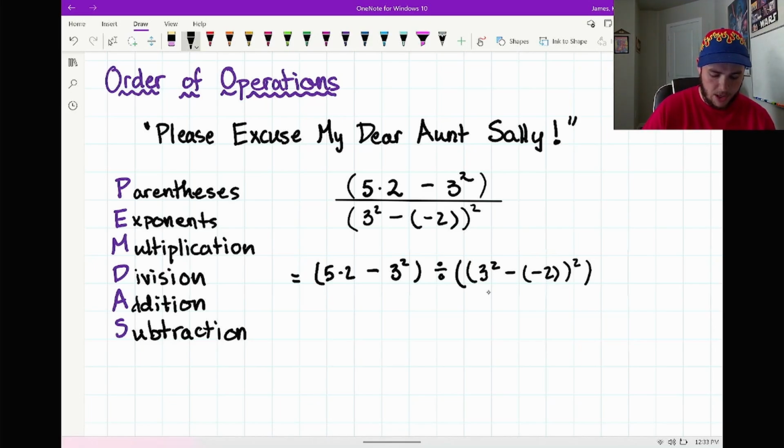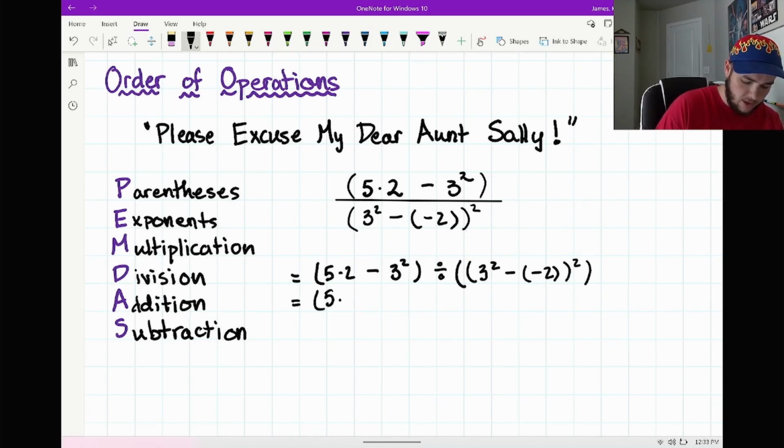And now I'm looking here. Inside these parentheses, I'm now going to run through PEMDAS. And the next thing I need to look at are exponents. I do have one exponent to take care of, so I'm going to do that now. 3 squared, I know, is 9.